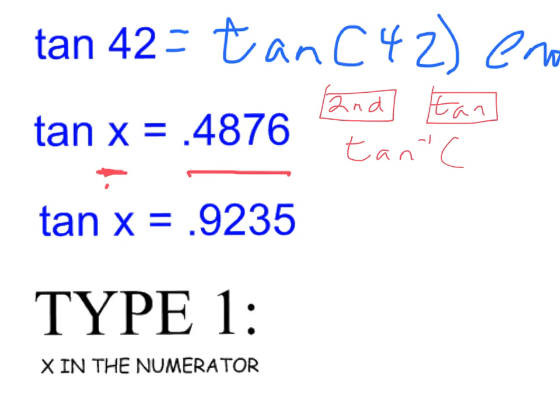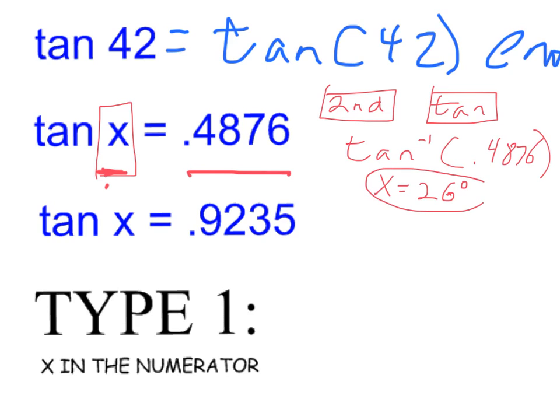We put in parentheses the tangent ratio, 0.4876. When we put that into the calculator, and we'll round, since we're talking about an angle measure, to the nearest degree, it would round to 26 degrees. So 26 degrees has the tangent ratio of 0.4876. So there's my answer.